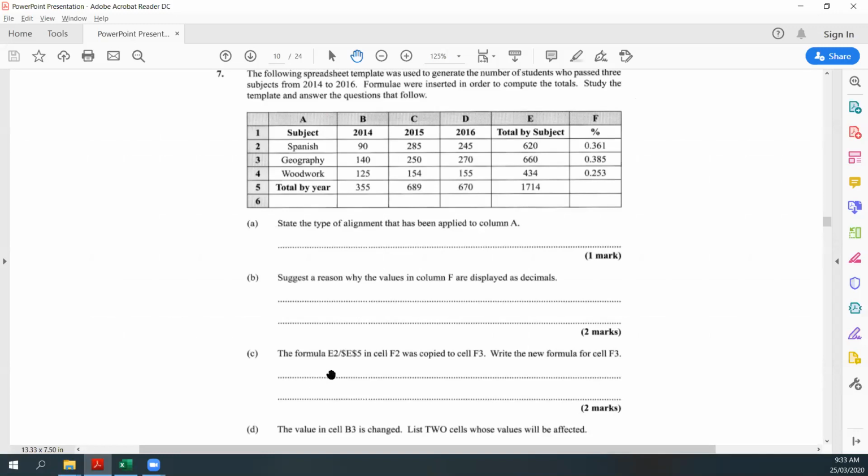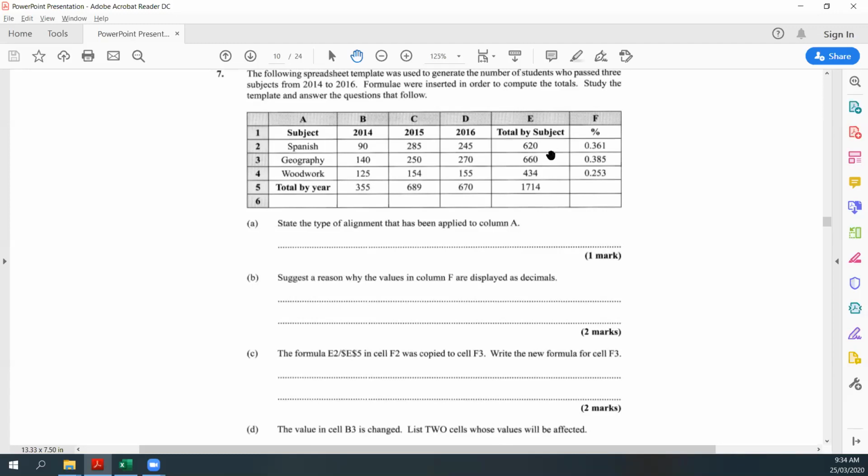The formula E2 divided by $E$5 in cell F2 was copied to cell F3. Write the new formula for cell F3. So could you put in the chat what you think the new formula in cell F3 would be? All right, so meanwhile, let me try to fill this out.